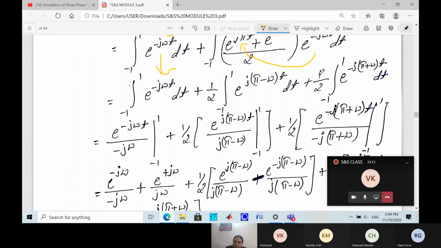Then integrate each individual term, and you will get e raised to minus j omega t divided by minus j omega with the limit minus 1 to plus 1, plus 1 by 2 e raised to j pi minus omega into t divided by j pi minus omega with the limit minus 1 to plus 1, plus 1 by 2 e raised to minus j pi plus omega into t divided by minus j pi plus omega with the limit minus 1 to plus 1.